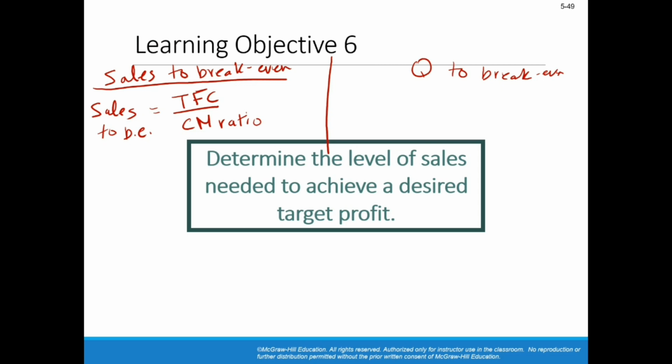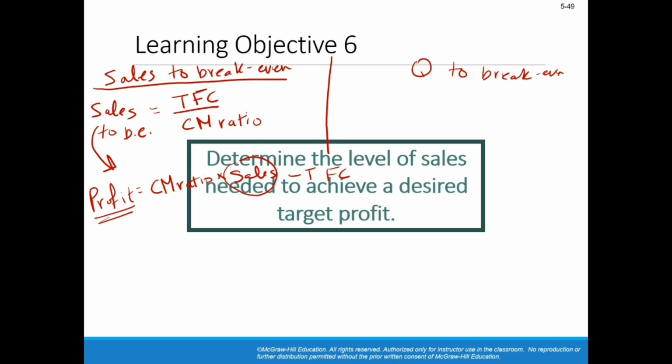This equation came from profit is equal to CM ratio multiplied by sales minus total fixed cost. And when we were solving for sales, we had the profit as a zero. So this is to break even.